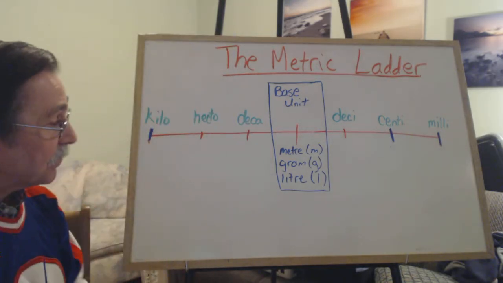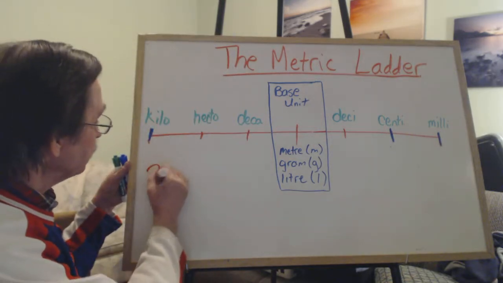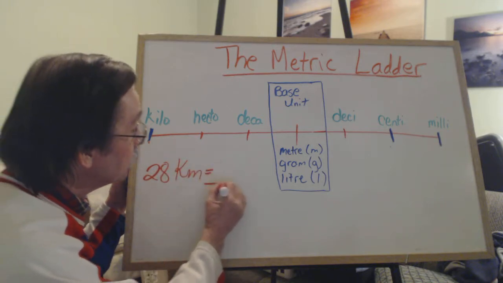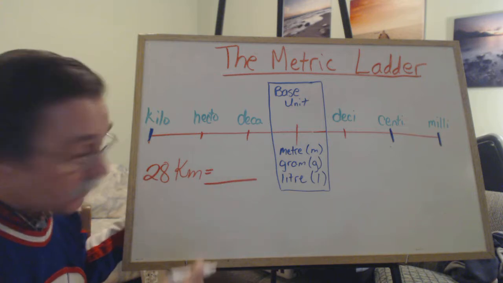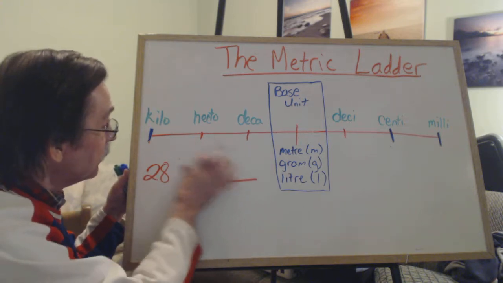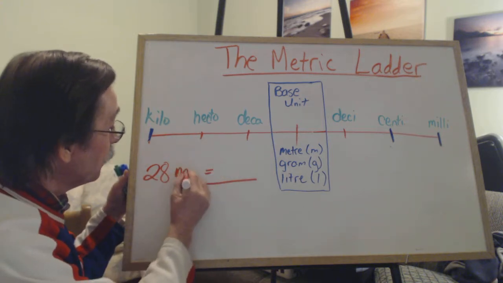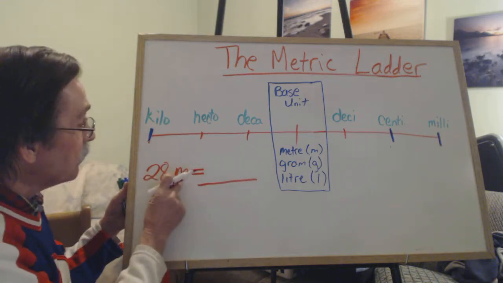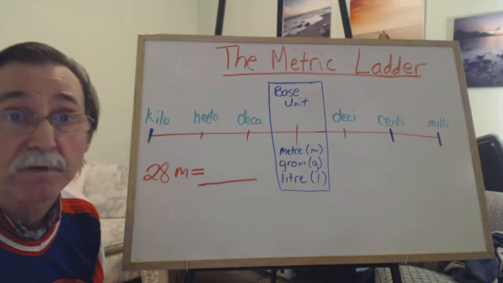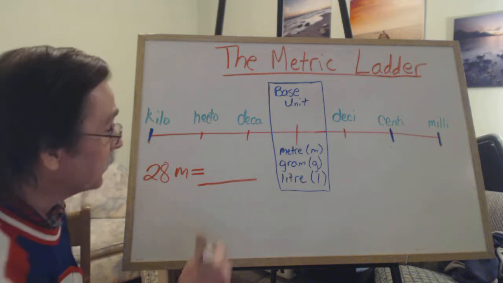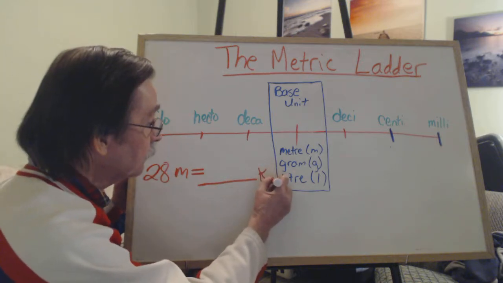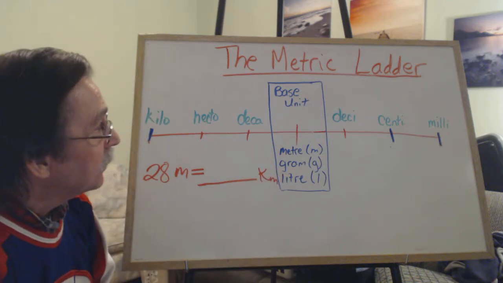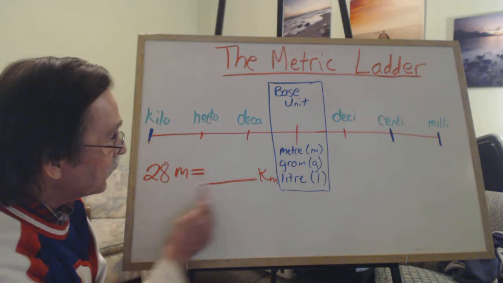Watch how we do this. Sorry, 28 meters, my bad. So 28 meters is equal to some unknown amount of kilometers. Well, we've got meters, so we're right here.